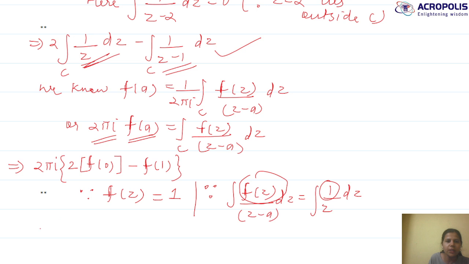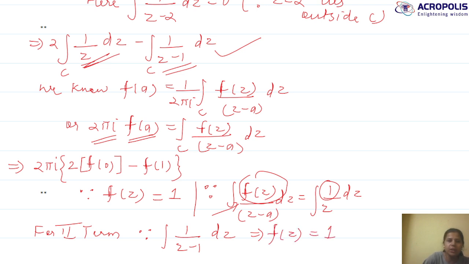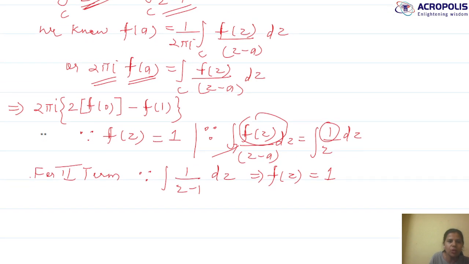Similarly for the second term, 1 upon z minus 1 dz, when we compare, again f of z equals 1. So for both terms f of z is 1, which implies f of 0 is also 1 and f of 1 is also 1.